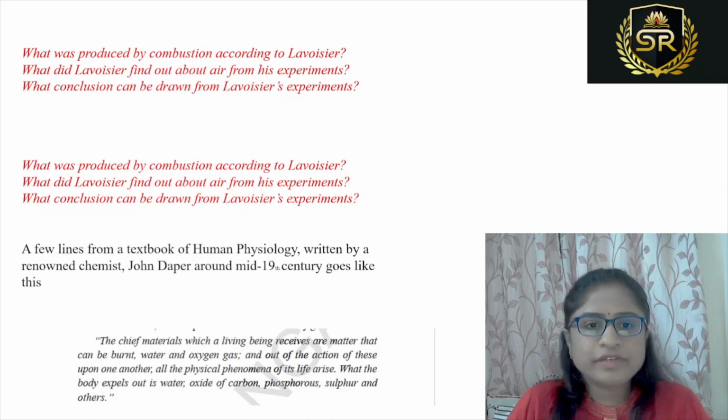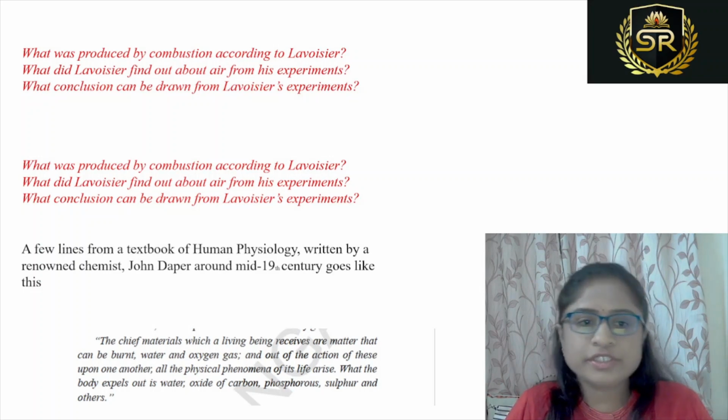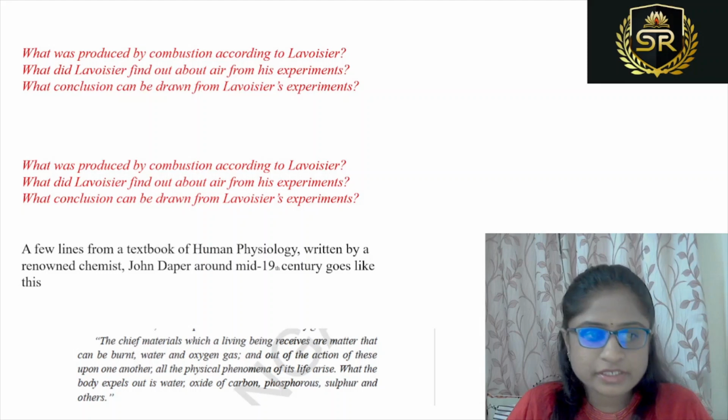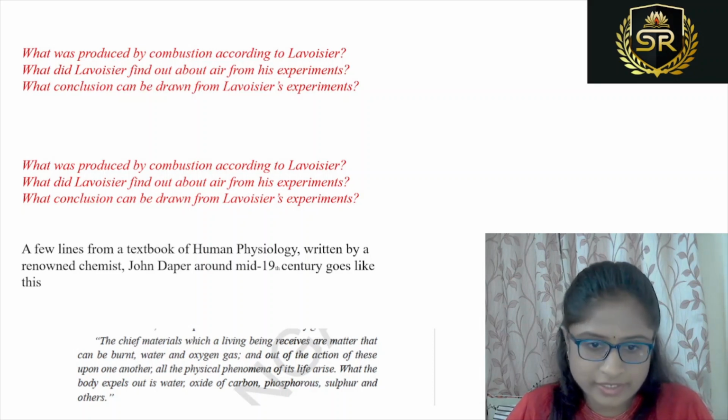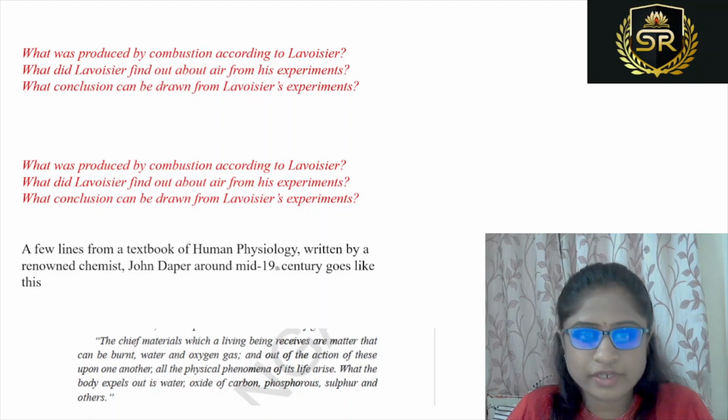And when we read a few lines from the textbook Human Physiology, written by John Draper around the mid 19th century, it goes like this: the chief materials which a living being receives are matter that can be burnt, water and oxygen gas, and out of the action of these upon one another all the physical phenomena of life arise.